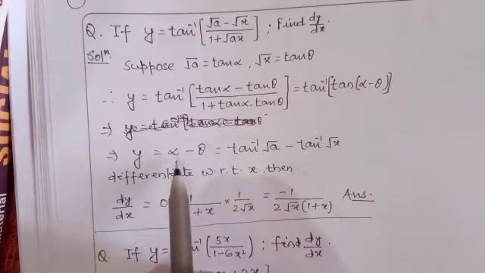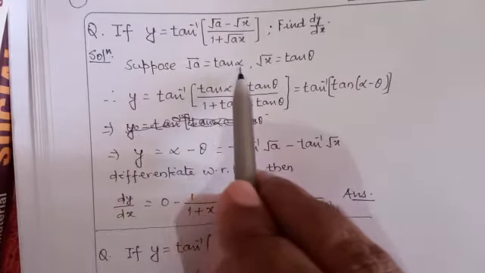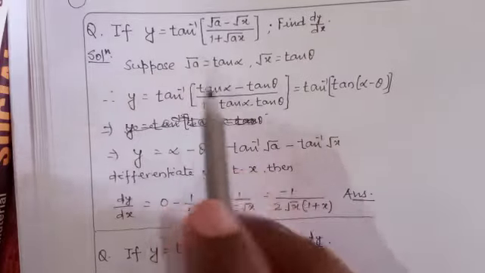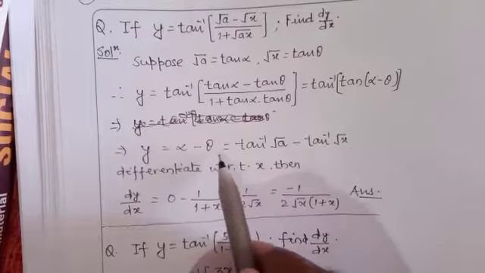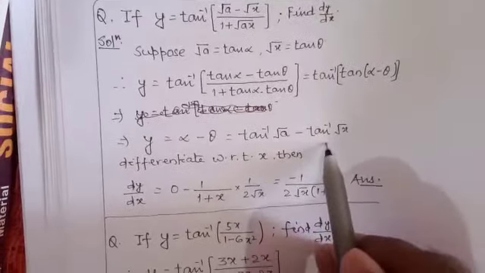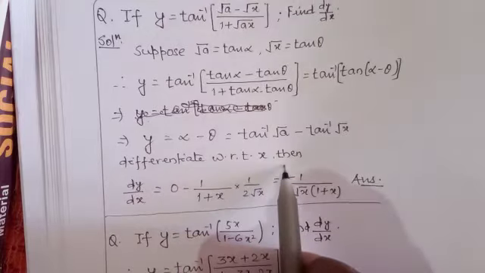Now write down the value of alpha. See, root a is equal to tan alpha, so alpha is equal to tan inverse root a. Similarly, theta is equal to tan inverse root x. Now differentiate them with respect to x.